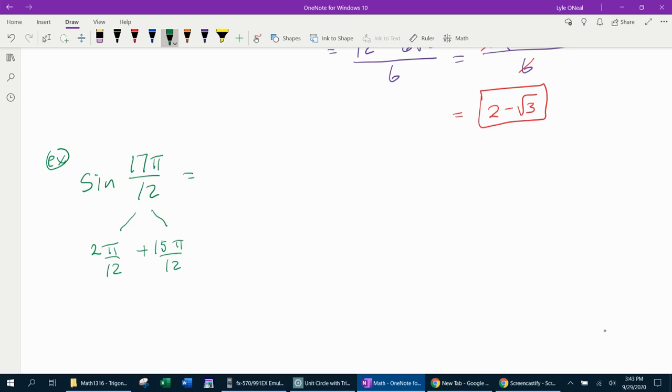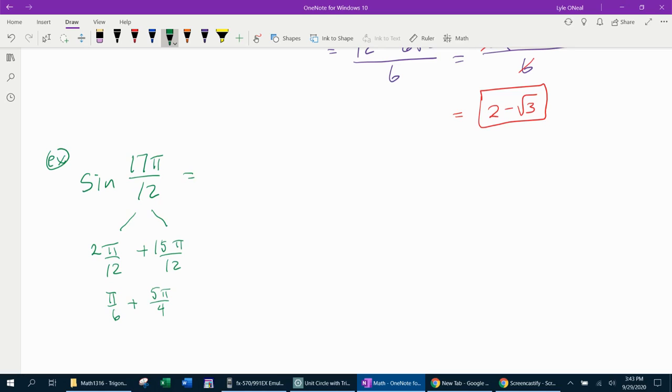Now, 2/12 reduces to 1/6, which is definitely a unit circle angle. And 15/12, 3 goes into both of those, so that would be 5 pi over 4. 5 pi over 4 is also a unit circle angle. So we could go with that right there.